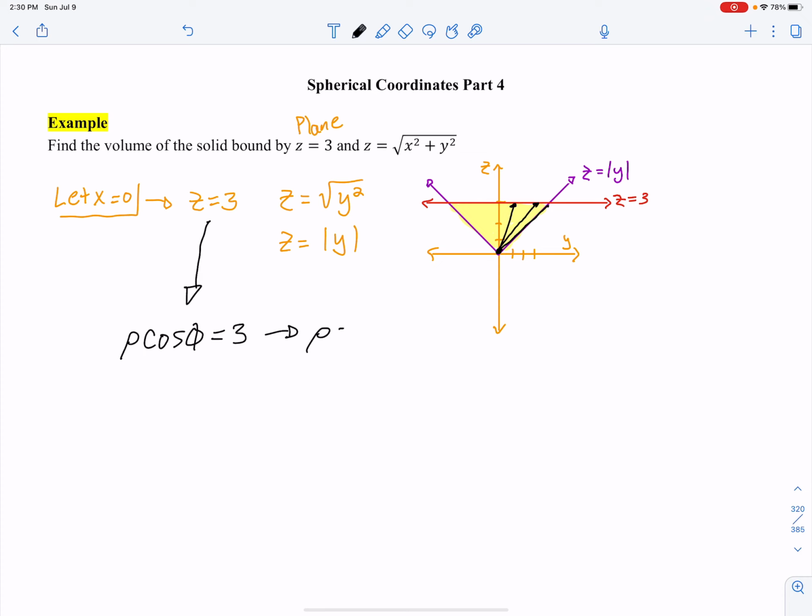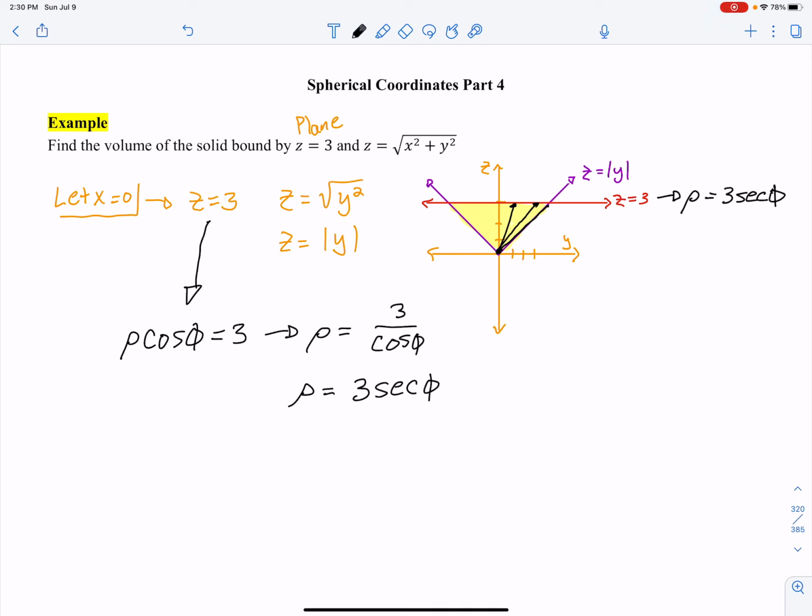So rho is actually 3 over cosine phi. But 1 over cosine is secant, so rho equals 3 secant phi. So as phi changes, it'll tell me what rho is.